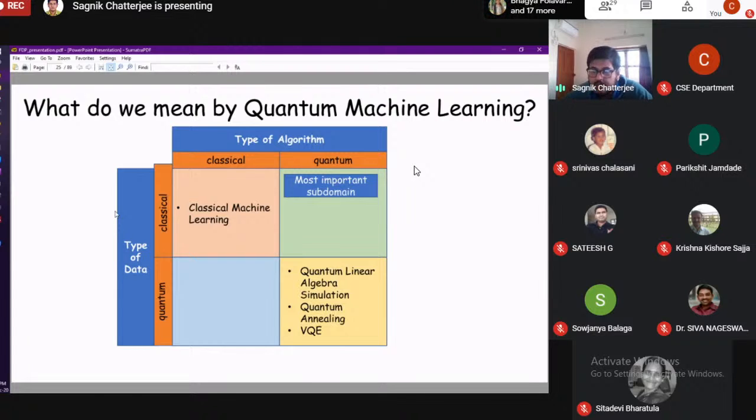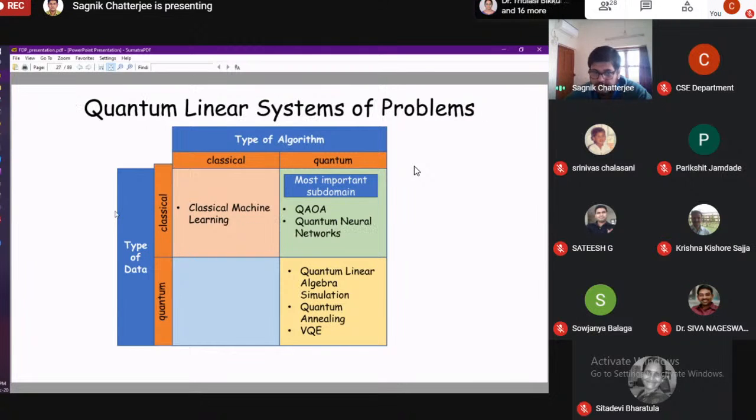So we usually do some pre-processing of the parameters and hyperparameters in classical algorithms, and then we send the parameterized circuits into the quantum algorithm, where it does the quantum stuff and returns our answer. So first is QAOA, which we will be talking about at length today. Then you have quantum neural networks, which we will also be talking about at length today.